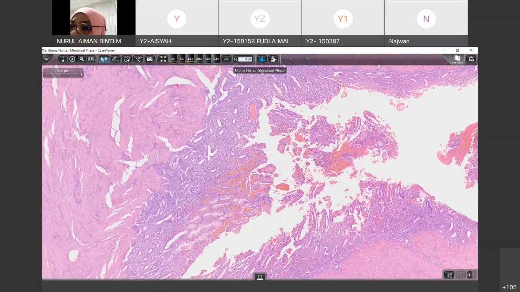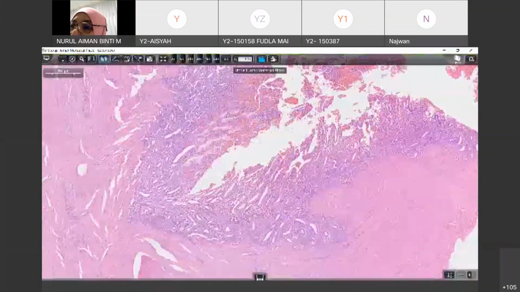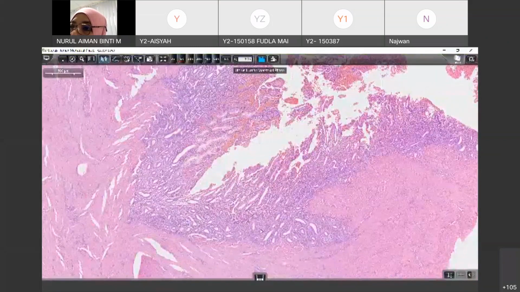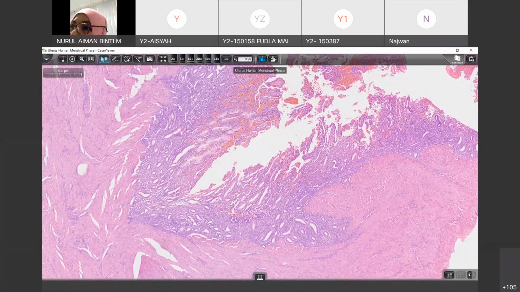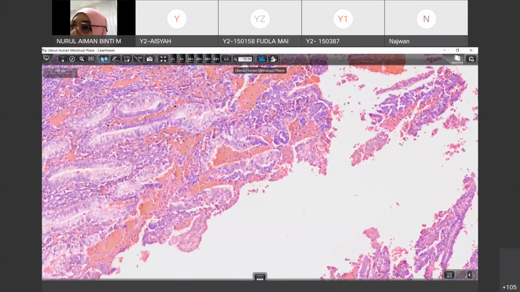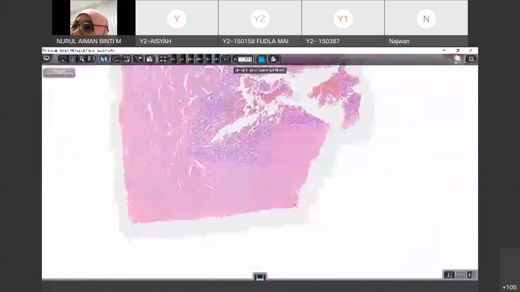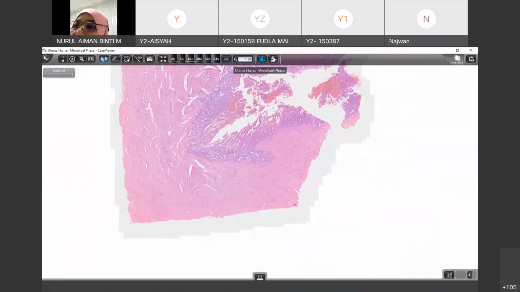It is only left with a lot of basal layer, which is more intensely basophilic in color, but you can also see a lot of blood congested in between the glands. This is the menstrual phase. So we go to the next slide.